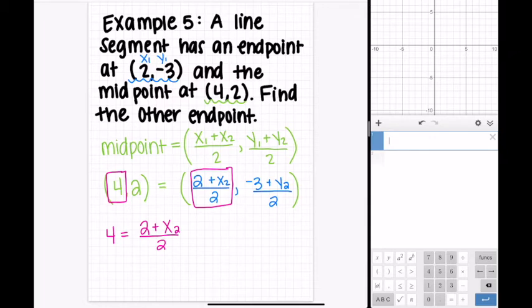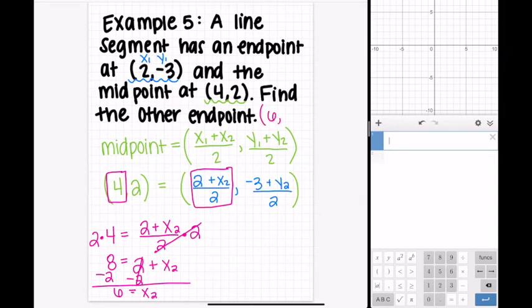So multiply by 2 on both sides to get rid of that division in the bottom. So we have 8 equals 2 plus the x2 value that we're looking for. So then subtract 2 on both sides. So 8 minus 2 is 6, is x2. So x2 is 6.